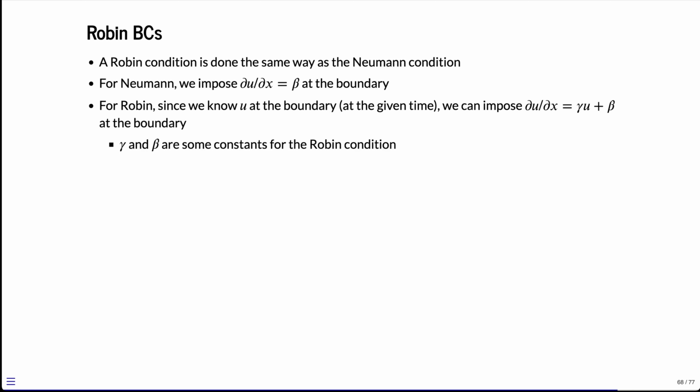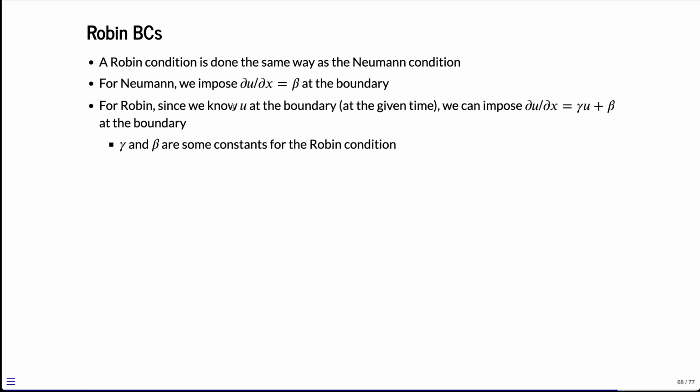Okay, now Robin boundary conditions, those are mixed conditions where you have both a Dirichlet condition and a Neumann condition. So you can write something like this. In that case, you basically do exactly the same thing as you would for the Neumann condition. For the Neumann condition, we imposed the slope equals beta at the boundary.